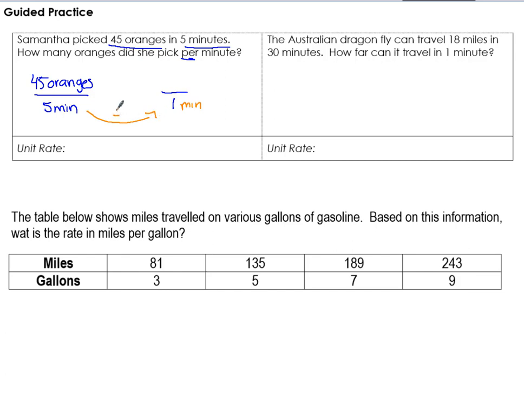So 5 to get to the 1, I divide by 5. I do the same thing to the top, which gives me 45 divided by 5 gives me 9 oranges. So Samantha's able to pick 9 oranges per minute. So I'm going to write that in. 9 oranges per minute.